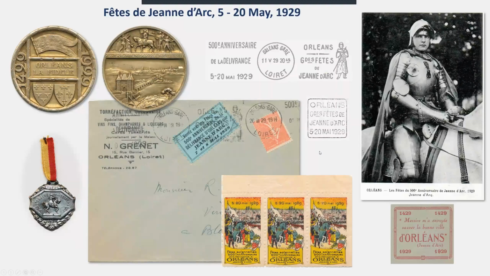Going back to the souvenirs, these are some of the souvenirs that were available at the festival in 1929. First of all, this lovely large medal weighing 44 grams was struck in silver gilt, and there were festival postmarks, as you can see here, that were used in Orléans and in the sub-post offices of Orléans as well.